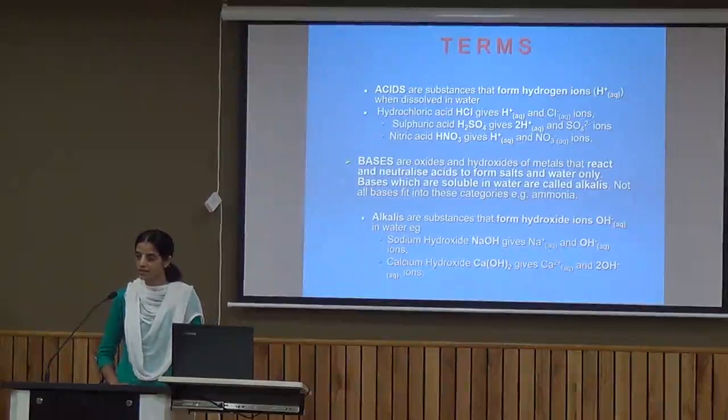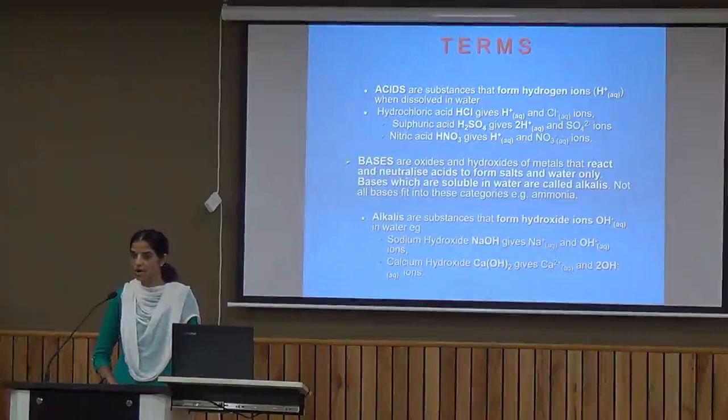Then the next category is of bases. These are actually oxides and hydroxides of metals which react with and neutralize acids to form salt and water. And the bases which are soluble in water are called alkalis.